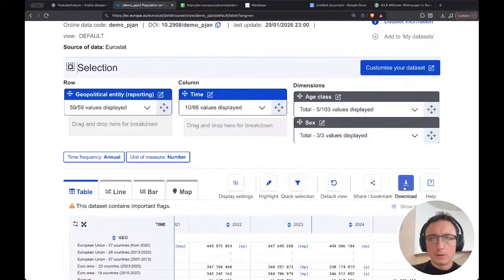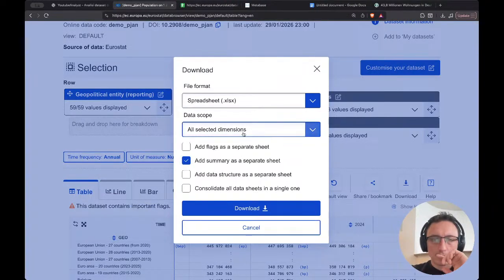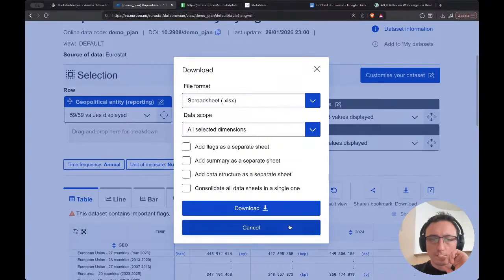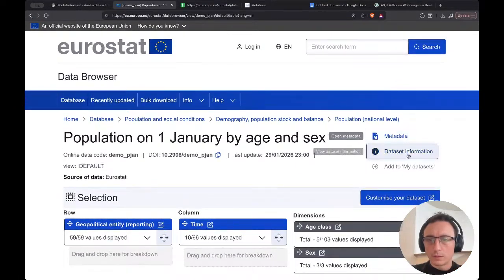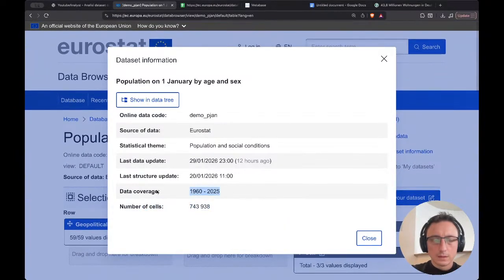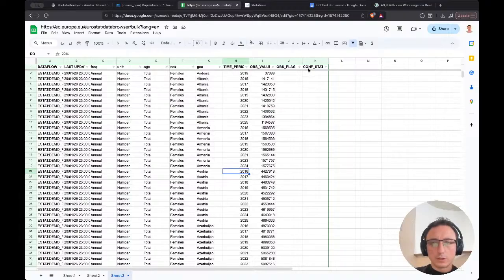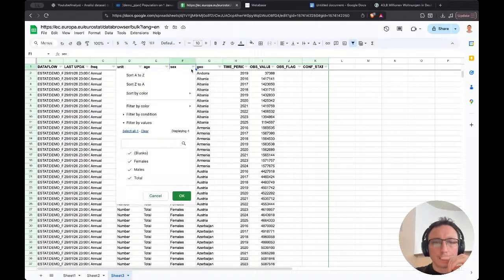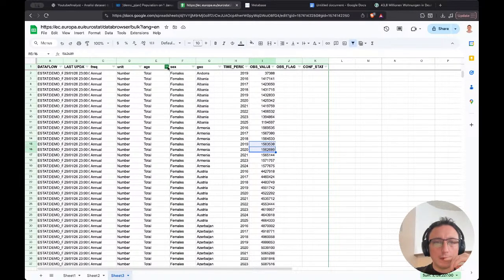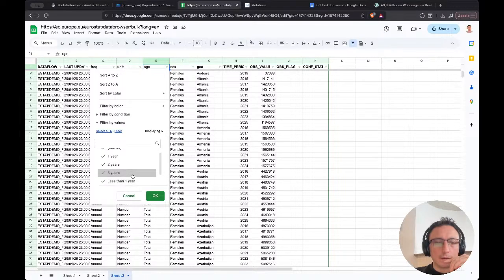But did I download the whole dataset? Yes, it was saying 1960 to 2025, which is not true. Female, male, age. What does age mean? 1 year, 2 years, 3 years.